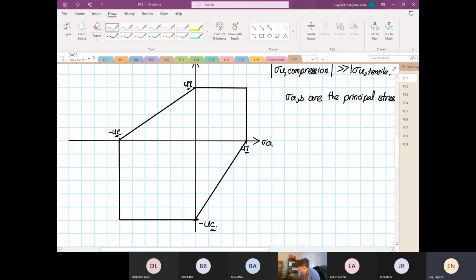So if we look at the equation of this line, we're going to focus on this line now. We're going to derive the equation of this line.